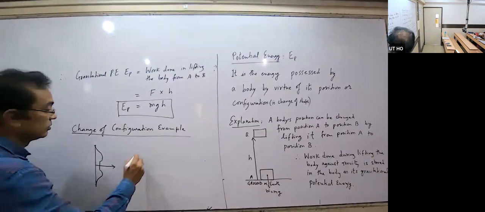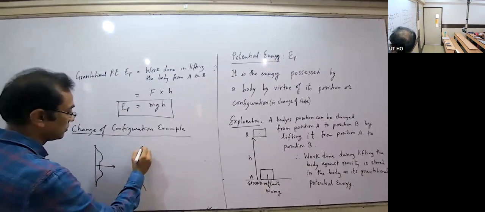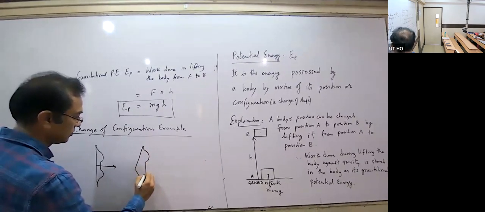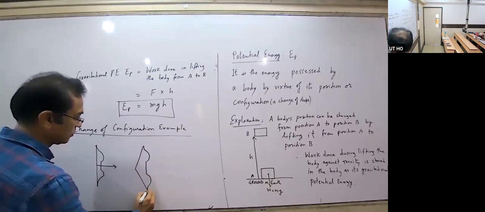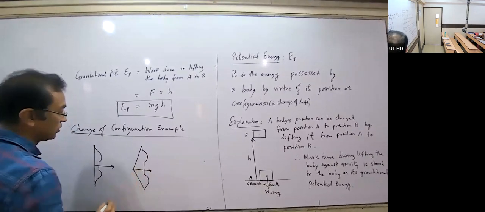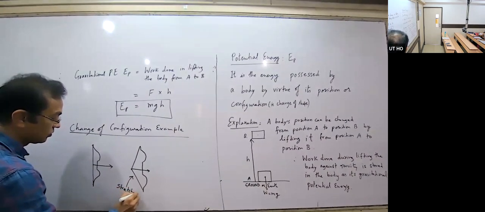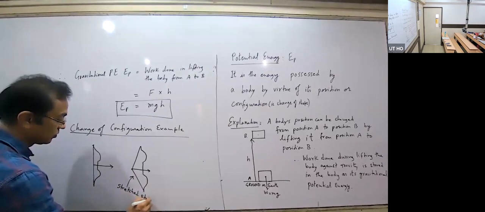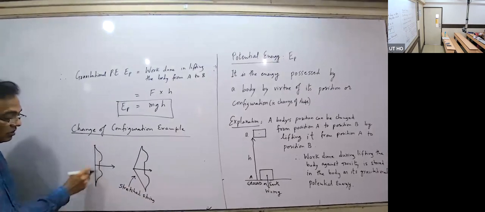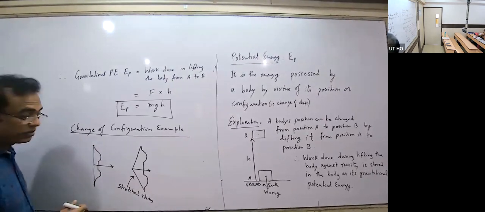Now when the string is stretched, is the shape changed? Initially it was linear, I mean a straight line. Now it is stretched. So the shape is changed, or its configuration changed, right? So this is change of configuration.